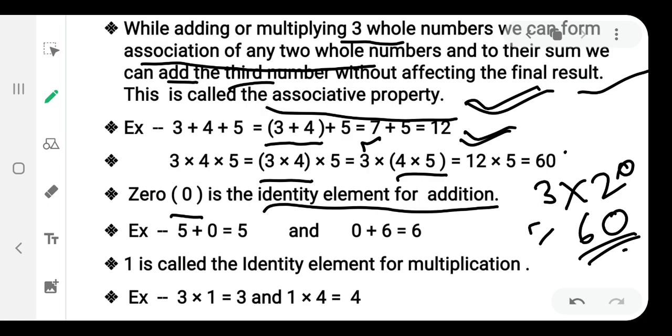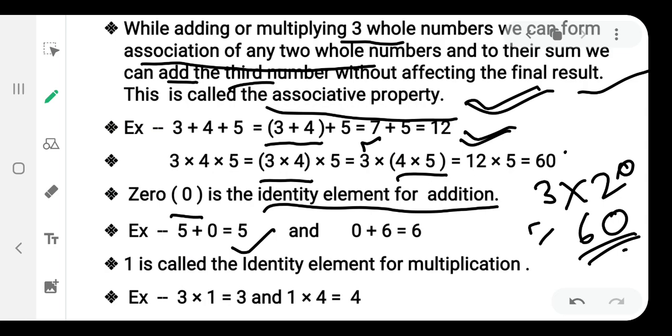Like here, if I am adding 0 to 5 or 5 to 0, I am getting 5 only. Means identity element is 0 here. So if 0 is added to any whole number, I will get the same number in the answer. No changes will be there.